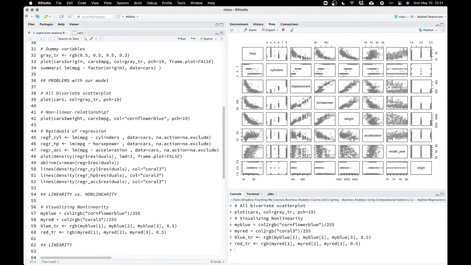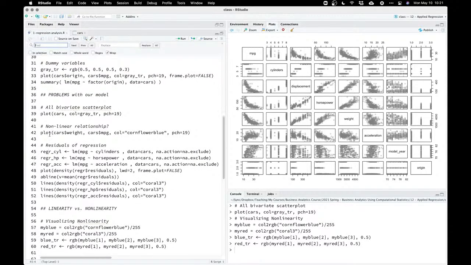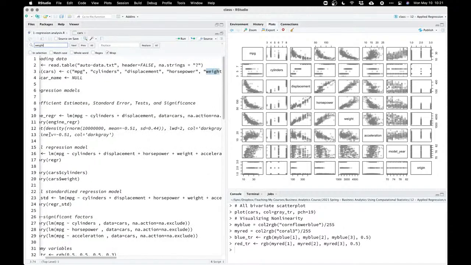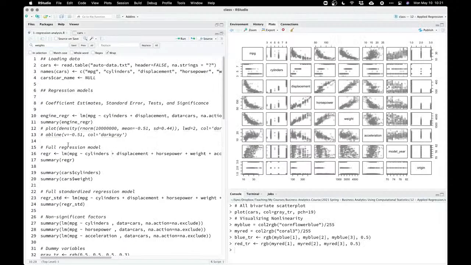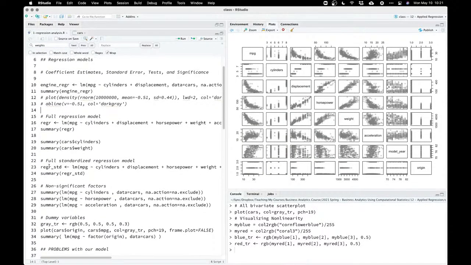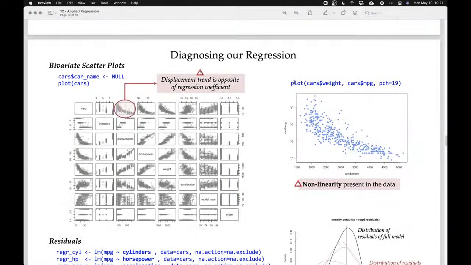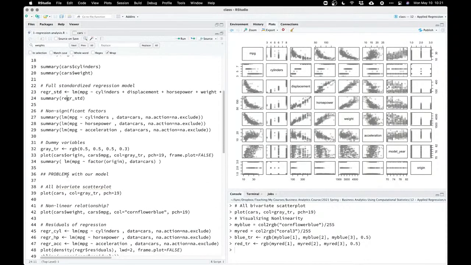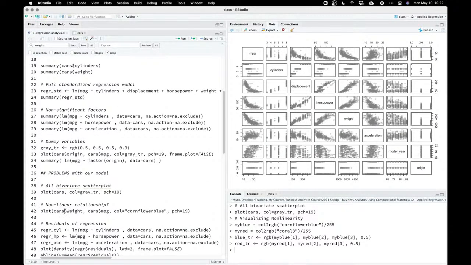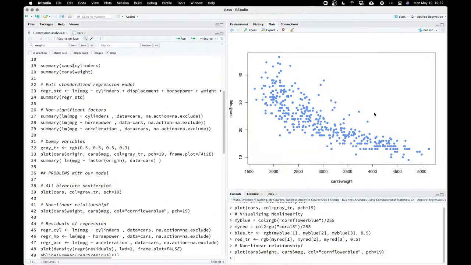Where is weights and miles per gallon? I thought I did it here somewhere. I think I just have to write the code. Excuse me a second, okay? Oh, it's right here.